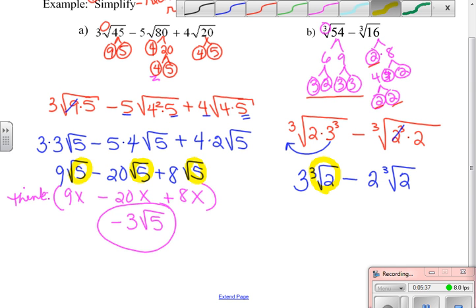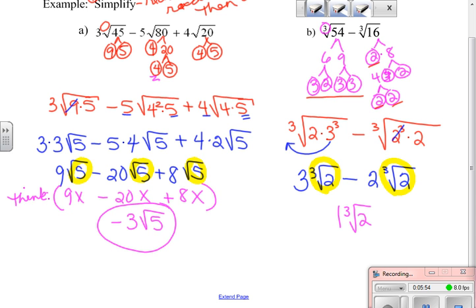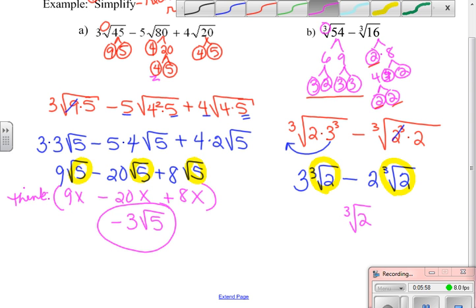Then I check, do I have the exact same radical? Yes, so I can combine these. 3 cube roots of 2 minus 2 cube roots of 2 means I have 1 cube root of 2. And just like with variables, you could write the 1 here or not. It doesn't matter. Most of the time you will see it not in there. And so this is your final answer.